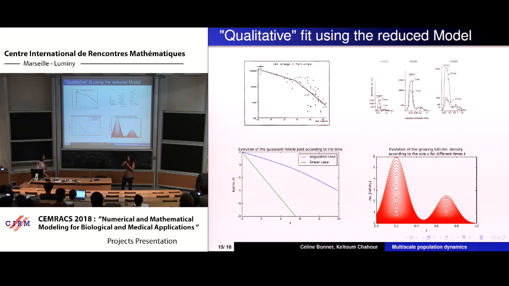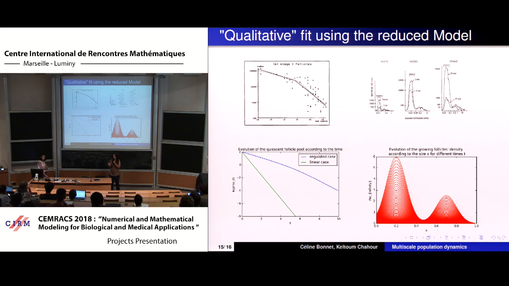They change, not completely this one, but more the dynamic of the quiescent follicle, of the density. And thanks to this non-linearity, we can obtain this type of curve, and we see that the regulation permits the quiescent pool to be conserved a little bit more. You understand?